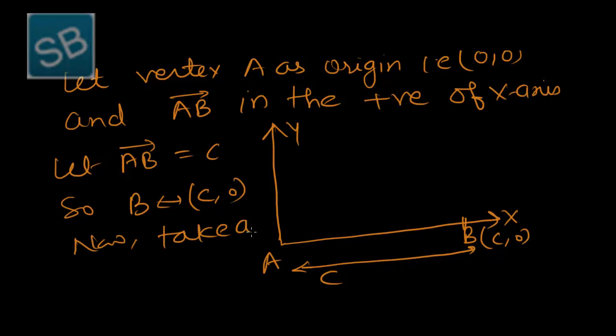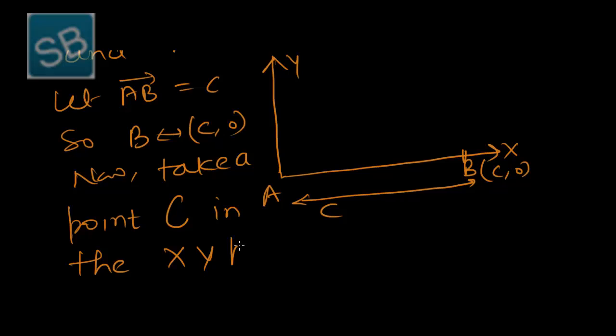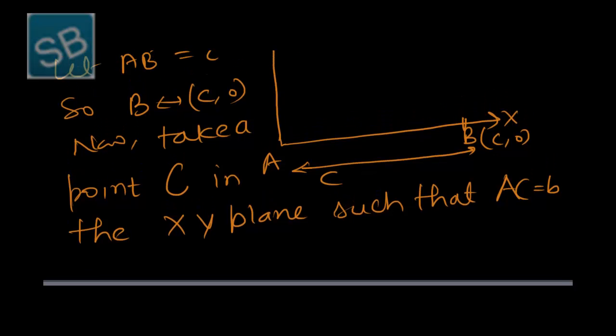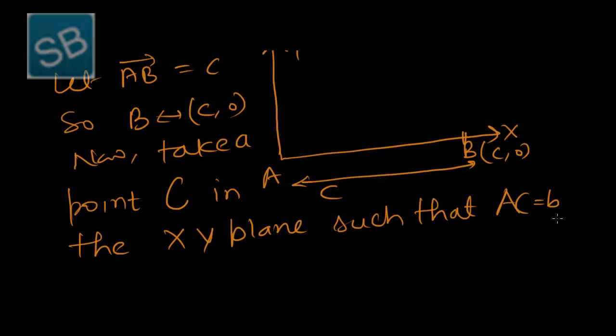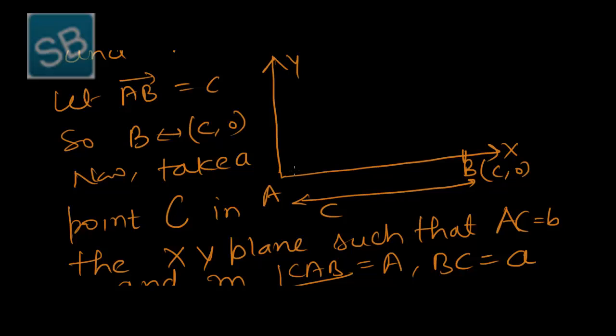Now take a point C in the xy plane such that AC is equal to b and the measure of angle CAB is equal to A. BC length is equal to a, the side opposite vertex A, and AC is b, opposite vertex B, and AB is of length c.